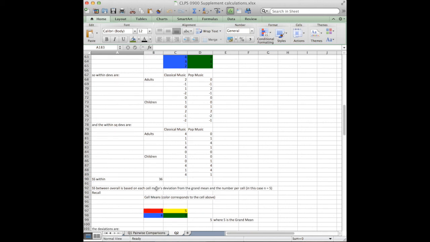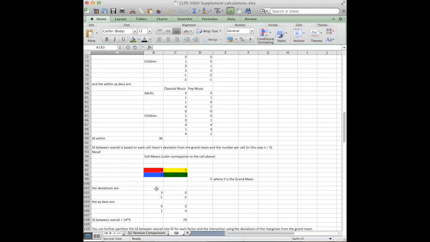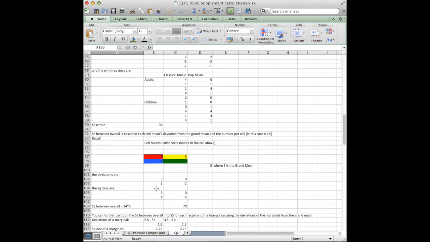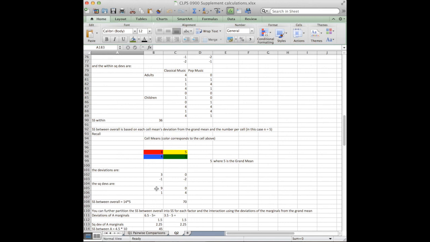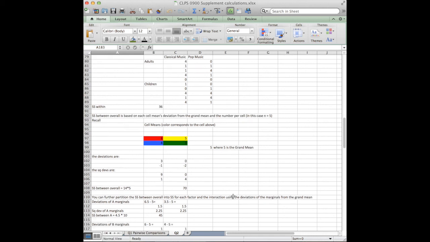The following term that we're interested in is the sums of square between overall. The overall term is based on each cell mean's deviation from the grand mean, and also the number per cell. And the number per cell will come in at the end when we just have to multiply by the number per cell.